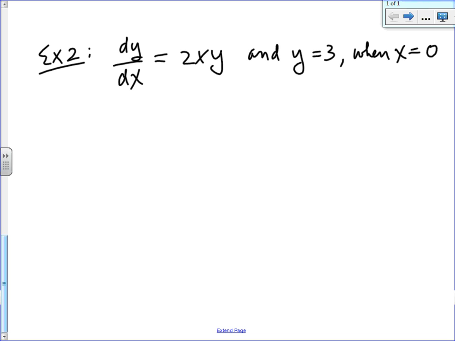Okay, so what we're trying to find is the equation of y. They're giving me the first derivative equation. It's kind of all jumbled up. It's like implicit. And we're asked to find the equation of just y equals something.